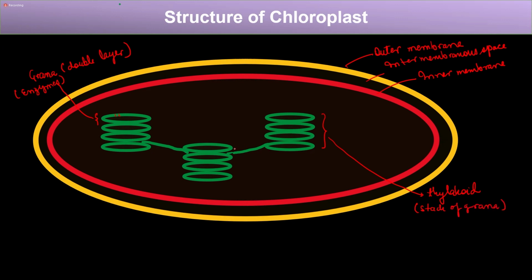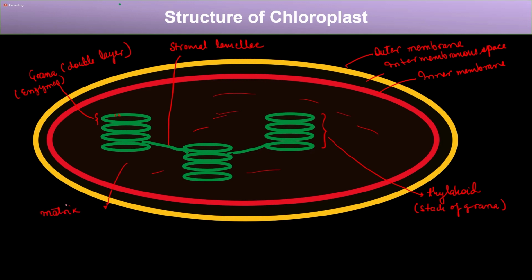These thylakoids are connected to each other via a structure known as stromal lamellae. Then this chloroplast also has an inner matrix.